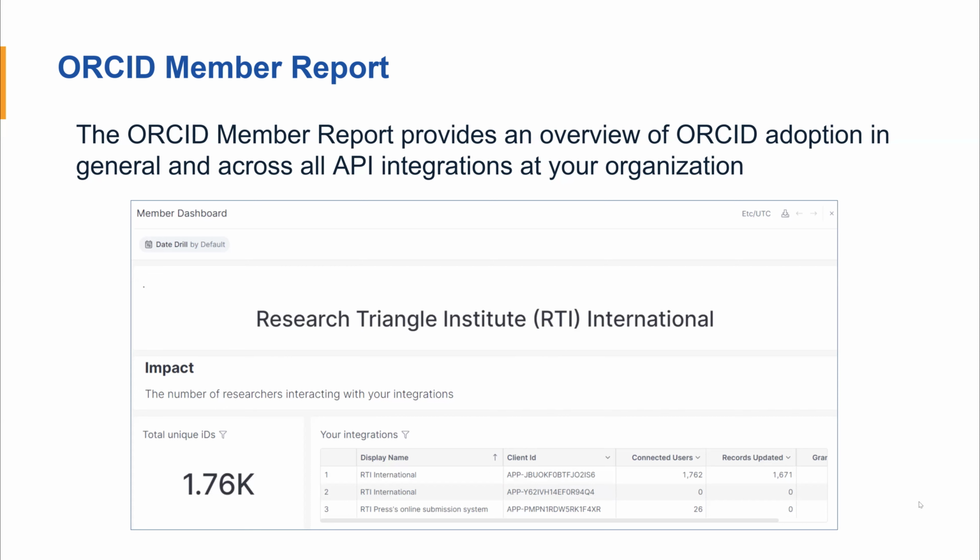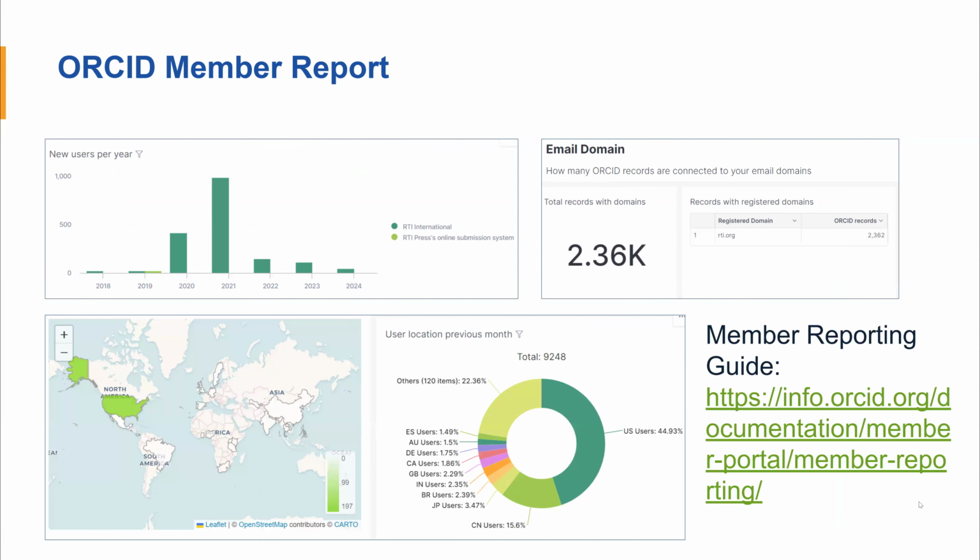On the next slide, looking further at the member report, these are just a few examples of the kinds of statistics that you can get in your member report. Things like new users per year. Here we can see that RTI had a spike in 2021 of new users connecting with their systems. You can see the number of ORCID records that have your organization's email domain associated with their ORCID record.